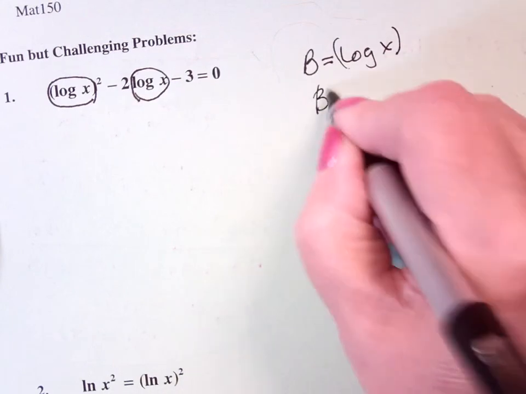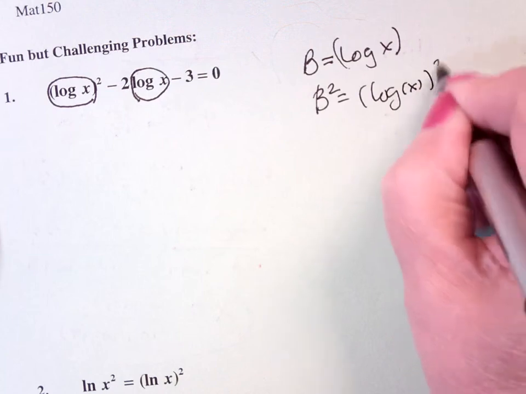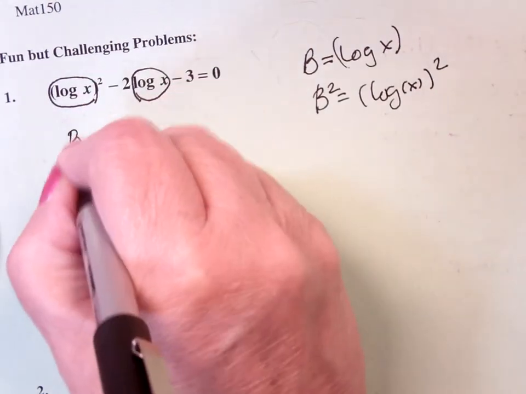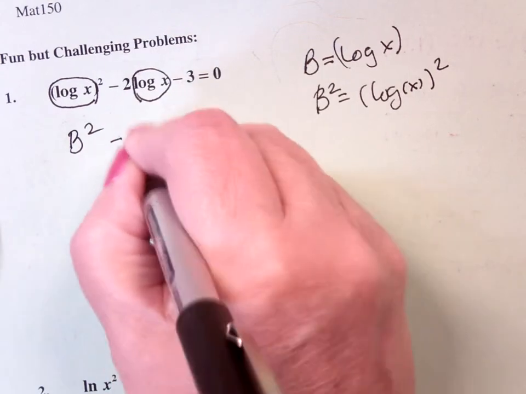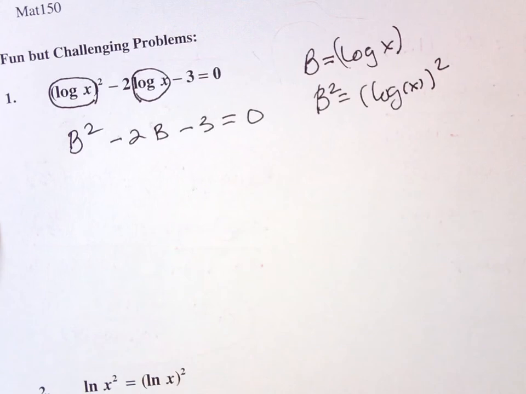And then if I square both sides, I get the log of x squared. So this becomes b squared minus 2b minus 3 equals 0. Now it's a quadratic equation for which you've got the means to solve it. It's either going to be solved by using a quadratic formula or factoring.